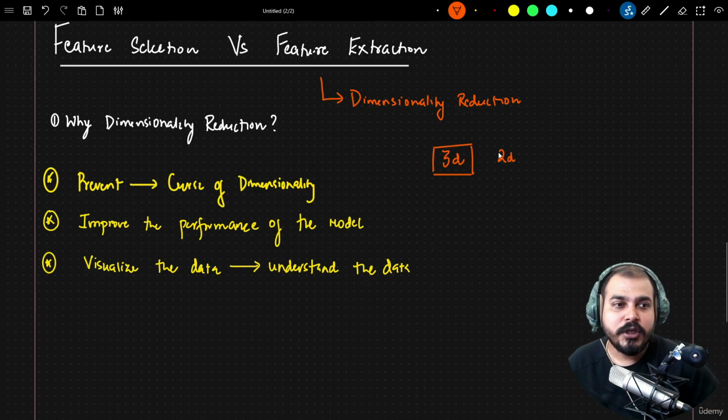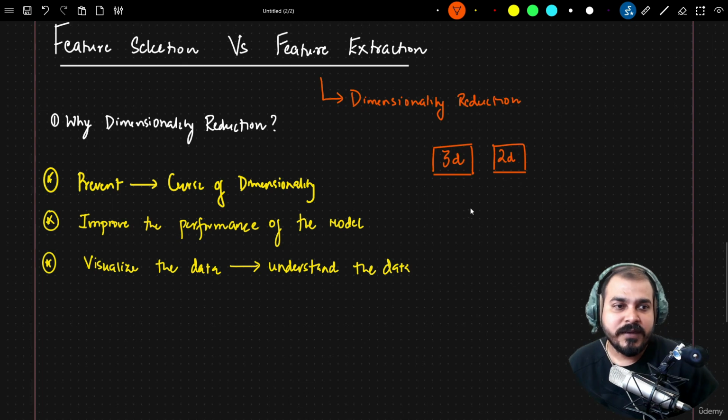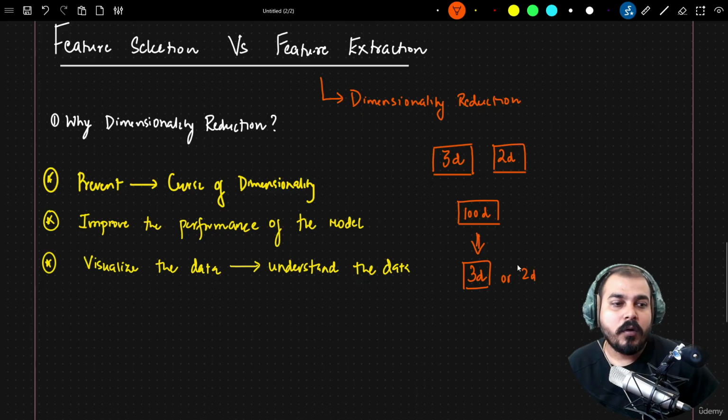You can also visualize in 2D, right? We cannot visualize 4D or any dimension higher than 3D, right? Suppose in my data set I have 100 dimensions, obviously I cannot visualize this. So in order to understand this data, I can reduce the number of dimensions to 3D or 2D, and I can see this particular information clearly in front of my eyes so that we will be able to understand the data, right?